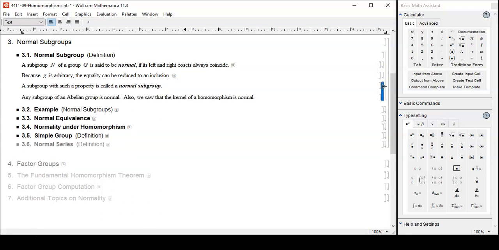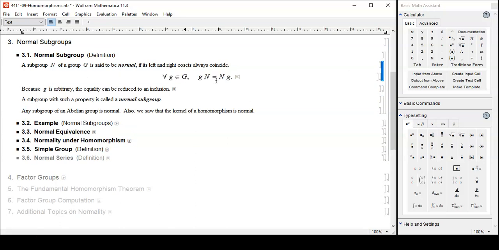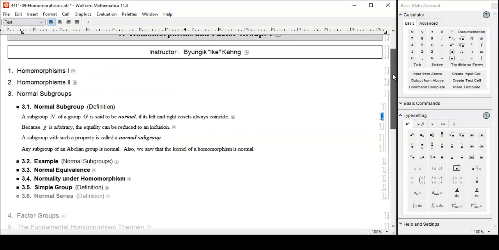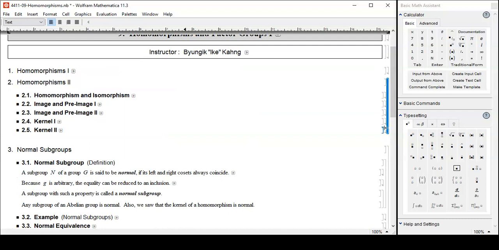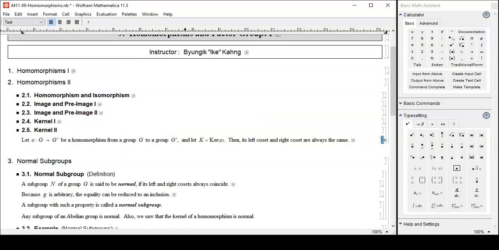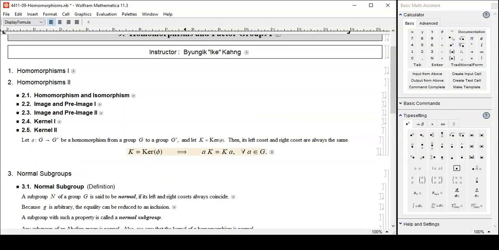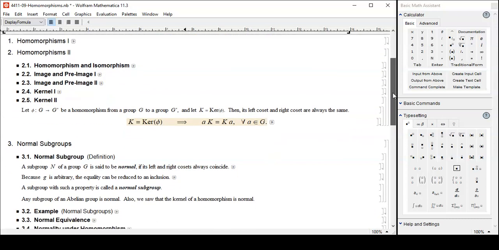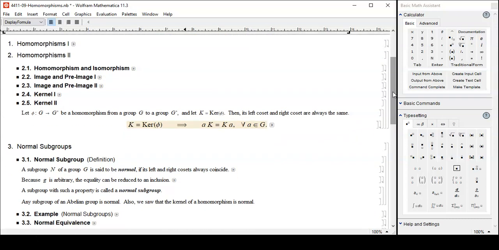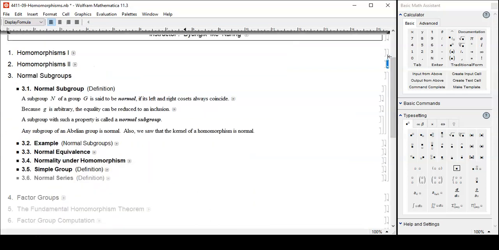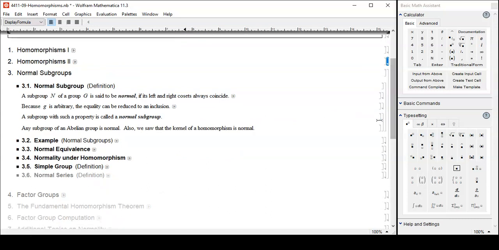Any subgroup of an abelian group is normal, yes. You can easily see that. And also, the kernel of a homomorphism is also normal. Remember that? Back in section 2, we proved this. The left coset and right coset are the same for a kernel of a homomorphism. So the kernel is always a normal subgroup.